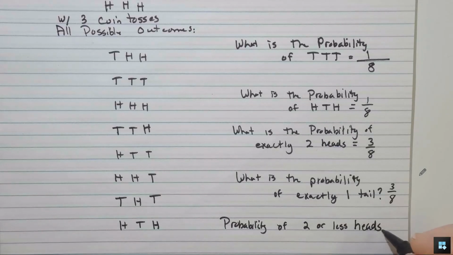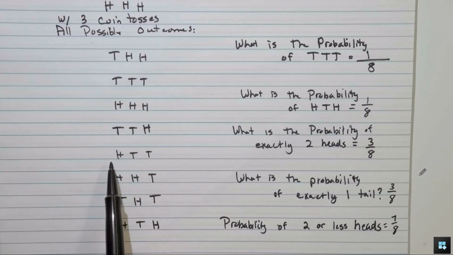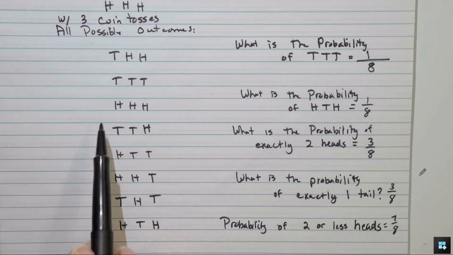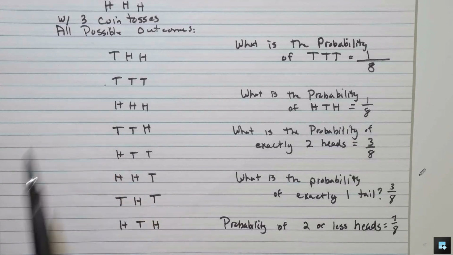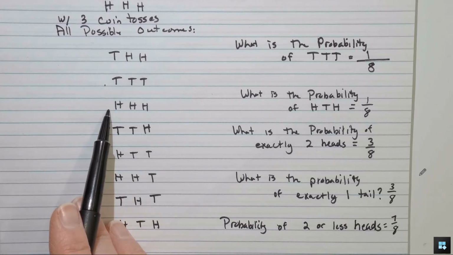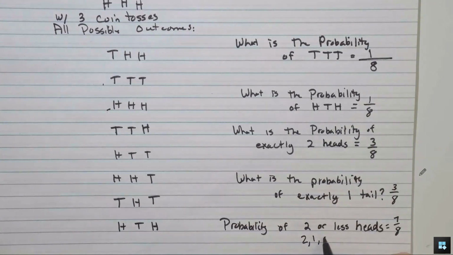Yeah, 7/8. So all of them have 2 or less heads, even the one with no heads, except for the one that's all tails right there. Wait, no, that one has 2 or less heads. The one that's all heads is the one that's not in there, because that has 3 heads. So we're looking at 2, 1, or 0.